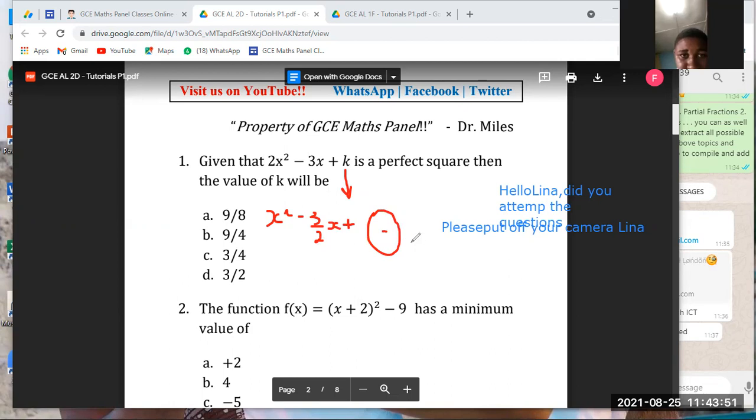So this value here will be equal to minus 3 on 2 all squared. And what does this give us? This gives us 9 on 4. Are we together? So our k is 9 on 4.